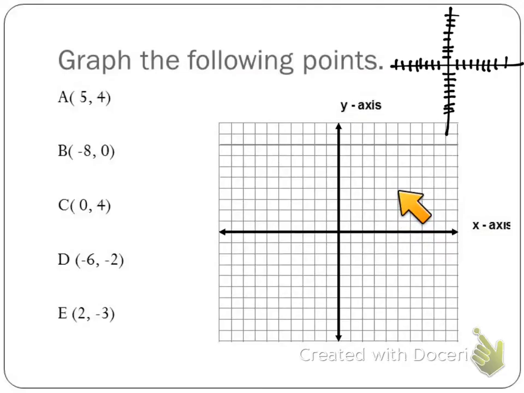I need to put a dot right there. Boom. That point is going to be labeled with an A. Now, some people want to skip the dot and just put a big A right there. Don't be that person. It looks sloppy, okay? At the actual point, put a point, and you're labeling that point with an A.